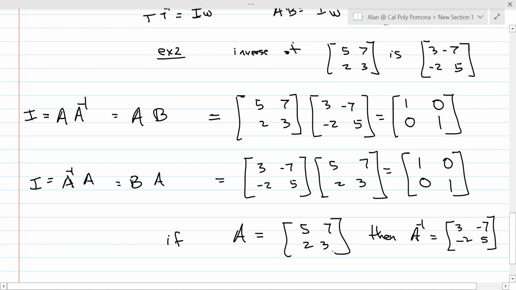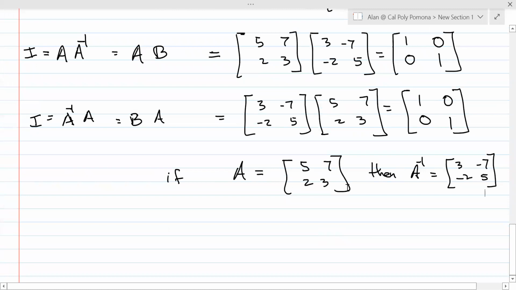And here's a question for you. How many of you know if a 2x2 matrix is invertible? How many of you know the rule or a way to get A inverse?